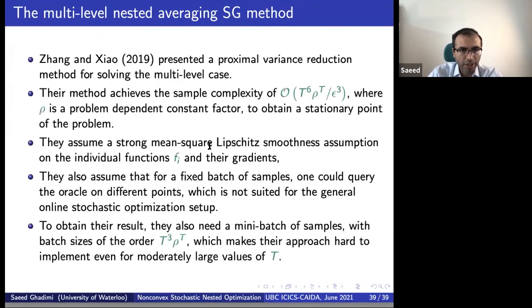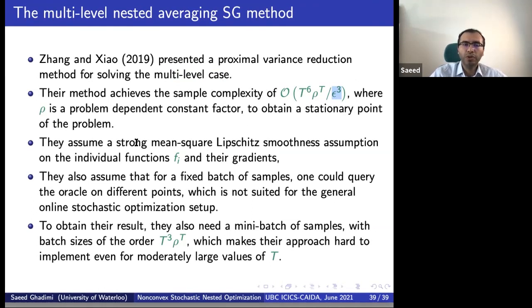I also need to mention another work which has been recently proposed for the multi-level case, but under a stronger assumption. The method by Zhang and Xiao achieved a sample complexity of 1 over epsilon cubed. However, this epsilon cubed is obtained under a stronger assumption than the usual assumption that we make for the classical stochastic optimization problem.